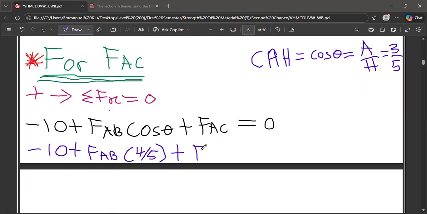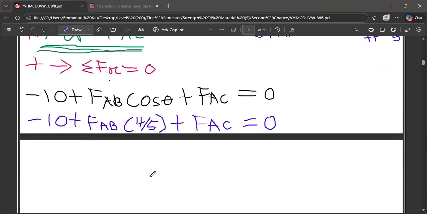We don't know FAC, so that is what we have to look for now. FAC is equal to 0. What do we do next? We just have to group like terms. So let's quickly do that together.